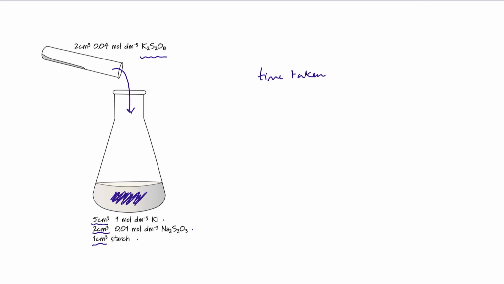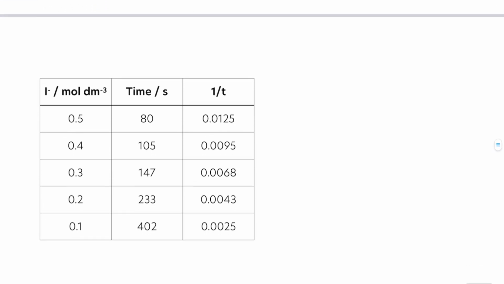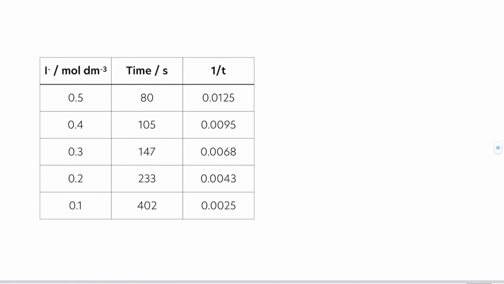Now, that's fine, we'll have one value then. What we would then need to do is to repeat this experiment, changing the concentration of the potassium iodide, so we can see how the rate varies dependent on the concentration of iodide ions. When we do that, we get a set of results that might look a little bit like so.